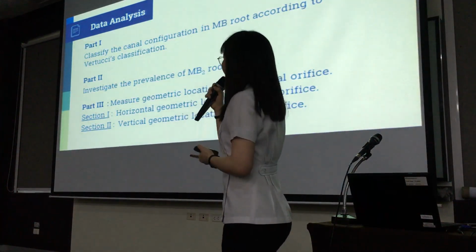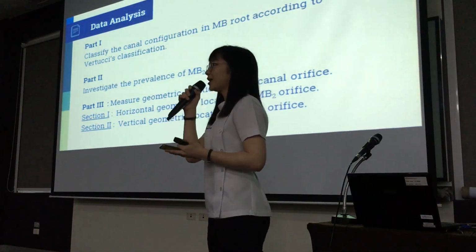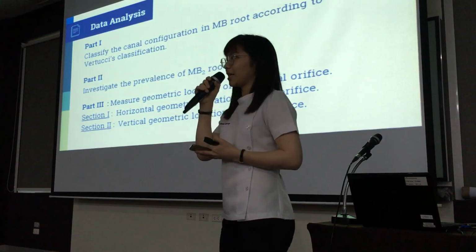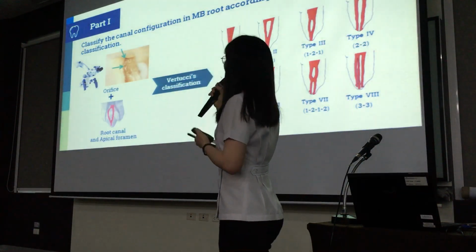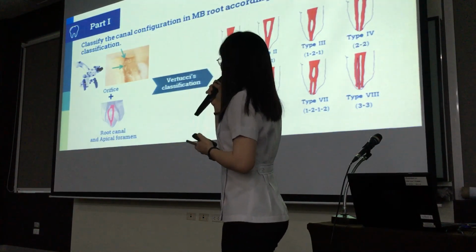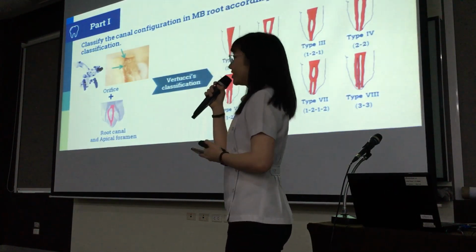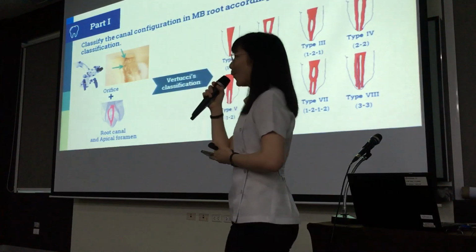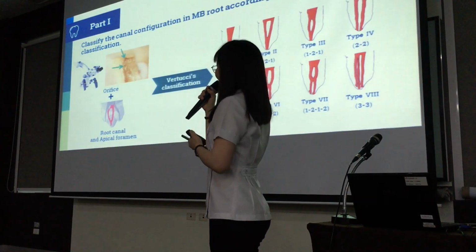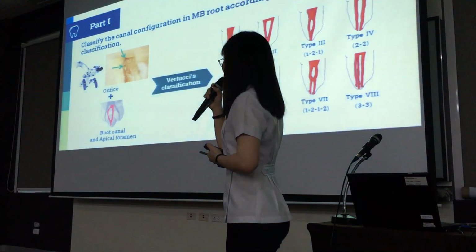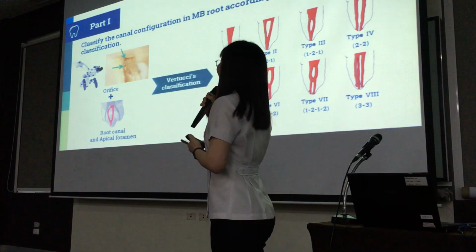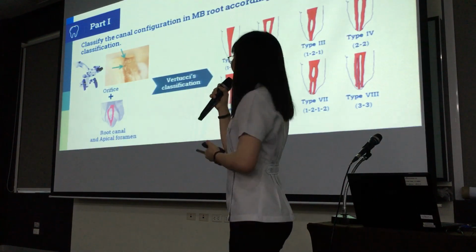We will divide this research into 3 parts following our 3 objectives. Part 1: the pulp chamber floor of the root was investigated under a dental operating microscope to count the number of orifices. And then the 3D image was used to investigate the number of root canals and apical foramina.